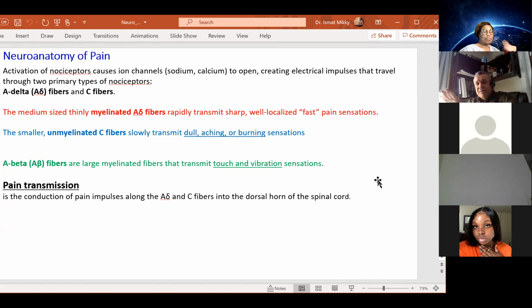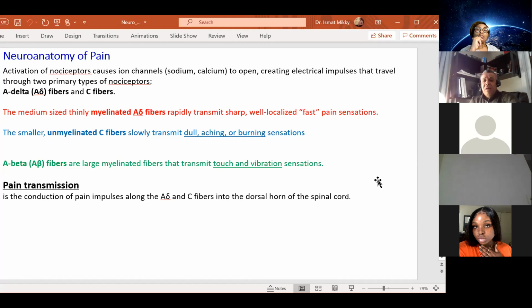The absence of the myelin sheath means it takes longer. And when we get to multiple sclerosis, patients with multiple sclerosis have a problem with the myelin sheath cover that covers the nerve fibers.